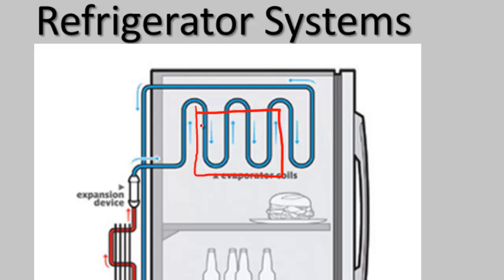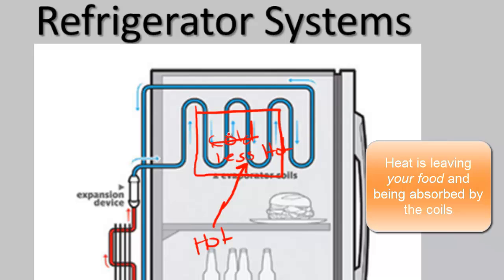It goes in your refrigerator, and since it's so much colder in here, or less hot really, and the bottle and everything else out here is hotter, heat is going to flow from out here into the coils. This is going to make your food cold, and it's going to make the coils hot. So the coils are drawing heat from your food. So the liquid or the coolant heats up.